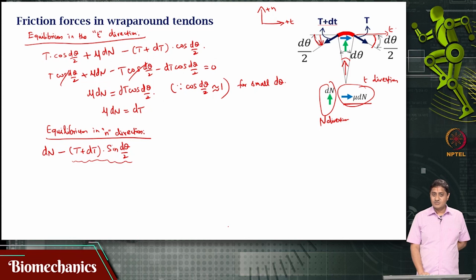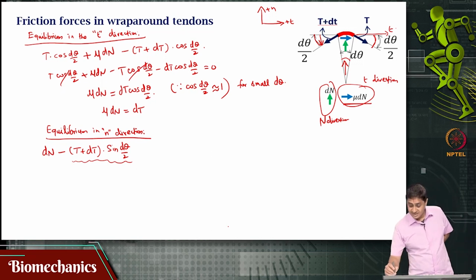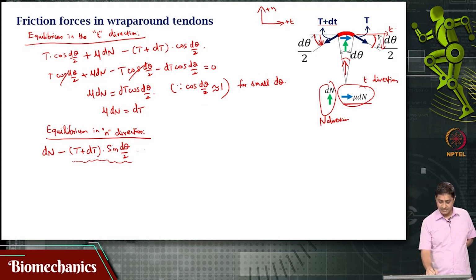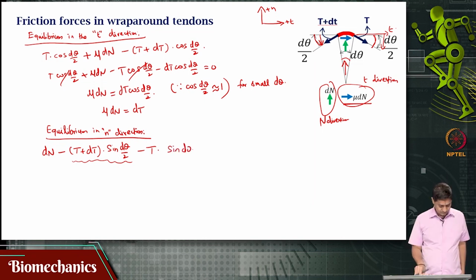Those who are still confused about how I am doing this, go back to our first few videos where we discuss how to resolve vectors. So, that would be sin d theta by 2 times (t plus dt). But we are not done yet. This t force also comes into the picture, and that would be minus t times sin d theta by 2.